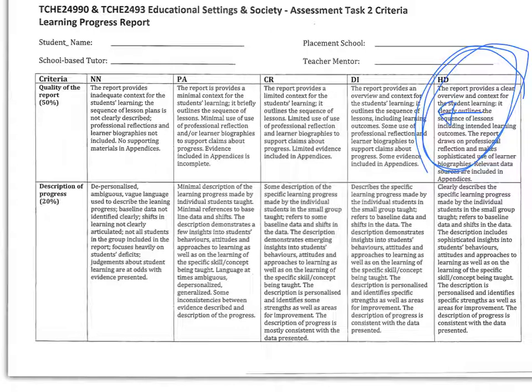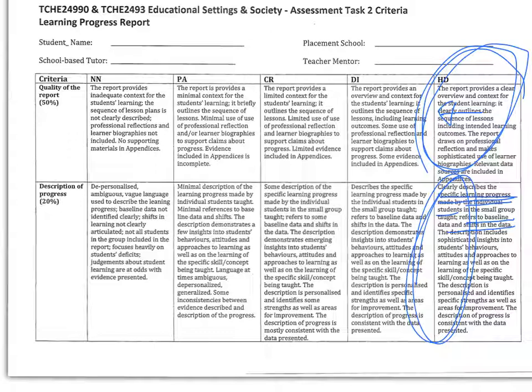There were some other things in that assignment that I didn't show you as evidence that was in there. In terms of the description of progress, I also thought that was, for a first year student, particularly good. So again, I'd be up in this section of the rubric. Particularly the learning progress was really quite specific and really focused on individual students, referred to baseline data and shifts in the data all the time.